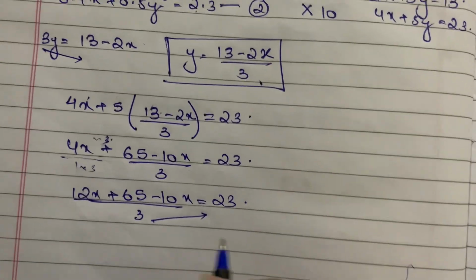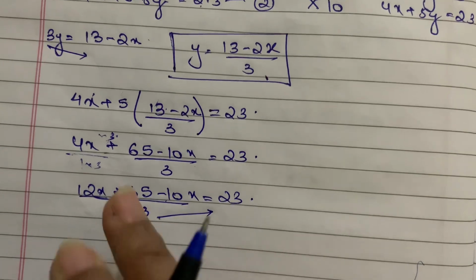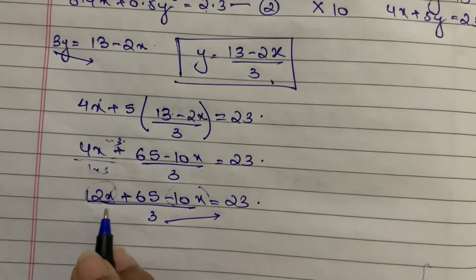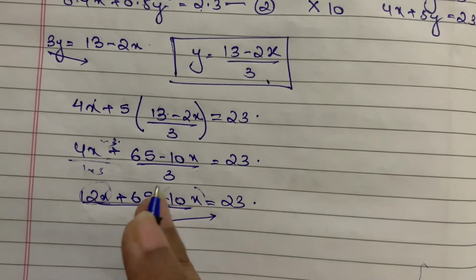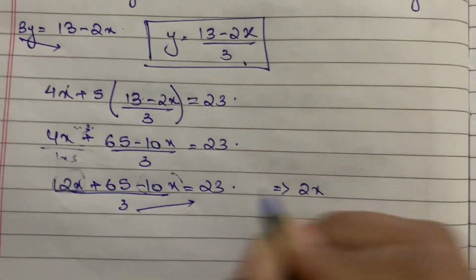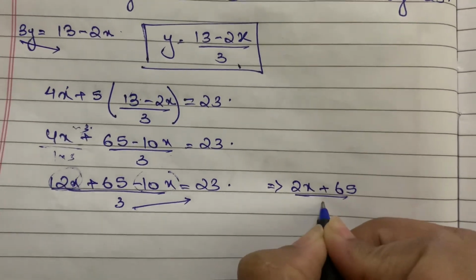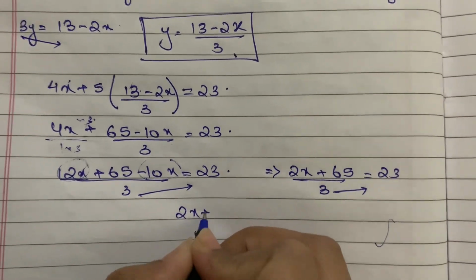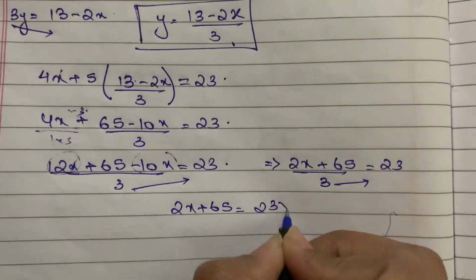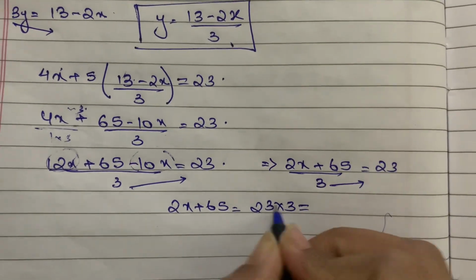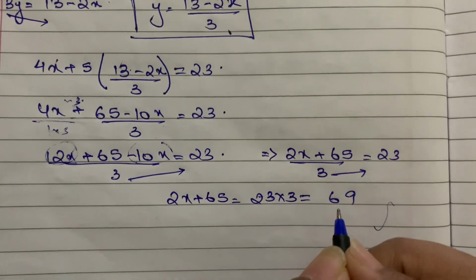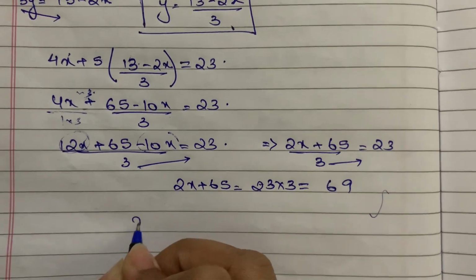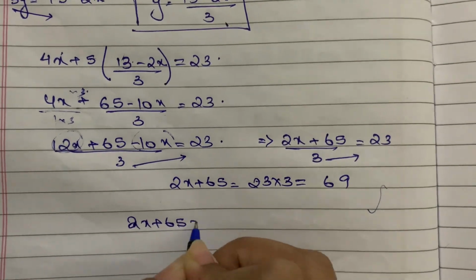Then sending it towards the other side, we start simplifying it. This and this will add up, and that will become 12 minus 10, which is 2x, isn't it? 65 remains as it is, by 3 is there, sending this 3 towards the other side, that becomes 2x plus 65 is equal to 23 times 3, that is 3 3s are 9, 3 2s are 6, so 69. 2x plus 65 is equal to 69.